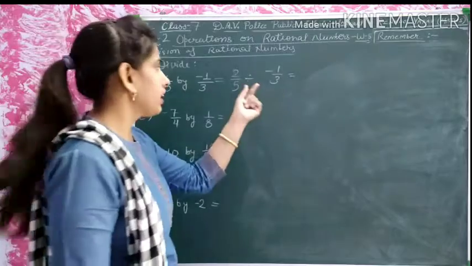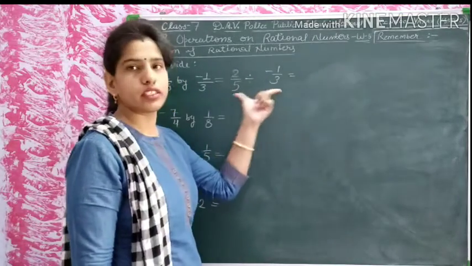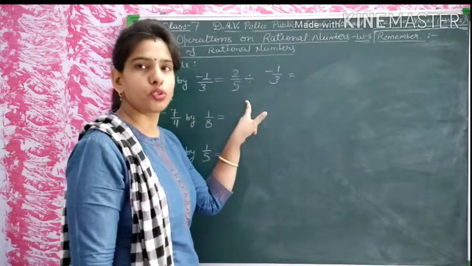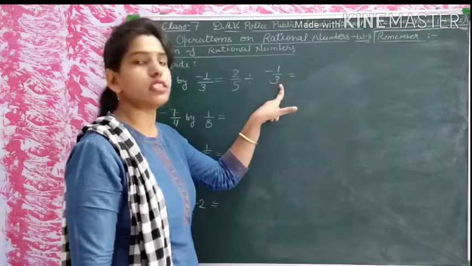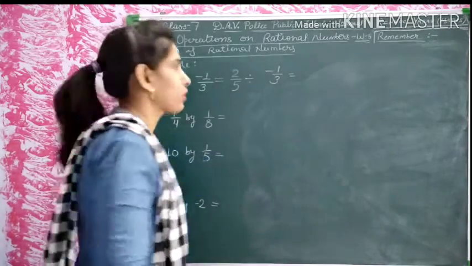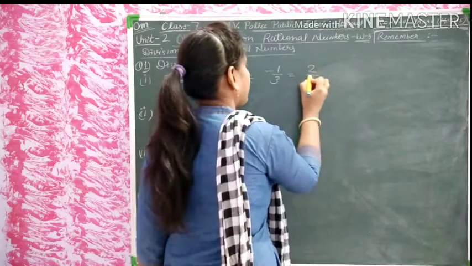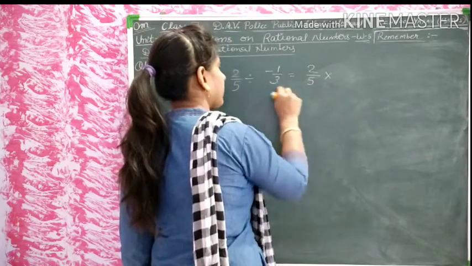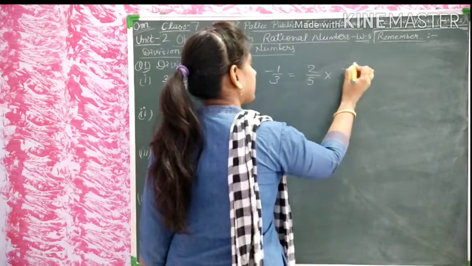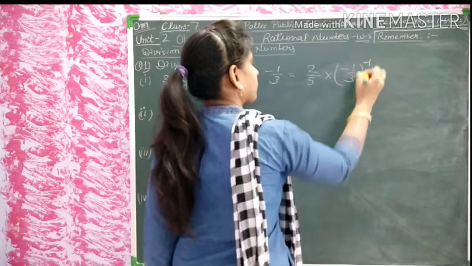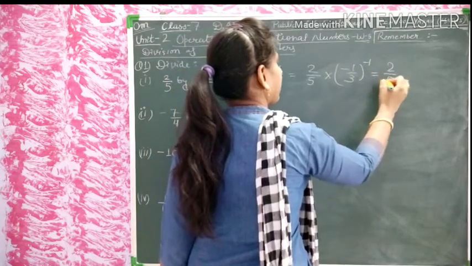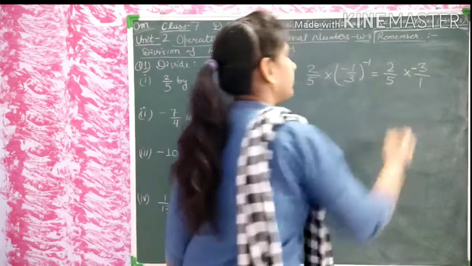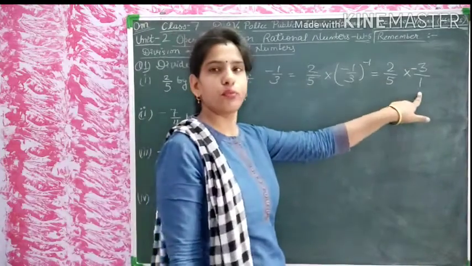If these are the two rational numbers and we divide, it means we have to multiply the first number by the reciprocal of the second. So 2 by 5 into, the division changes into a product sign, and minus 1 by 3 becomes its reciprocal, so 2 by 5 into its reciprocal, with 3 above and 1 below, in standard form.